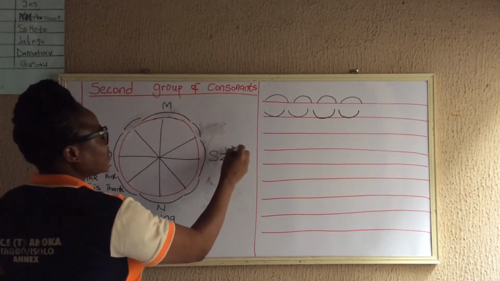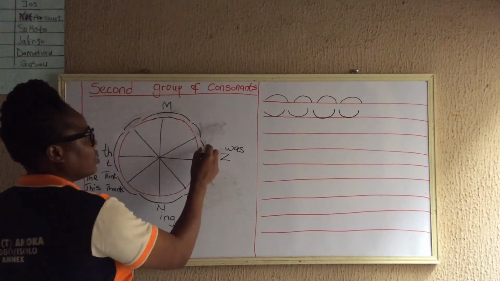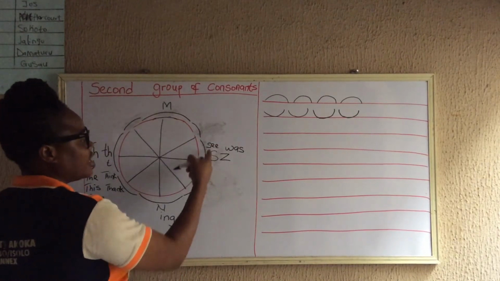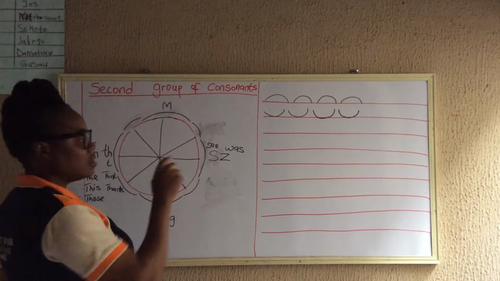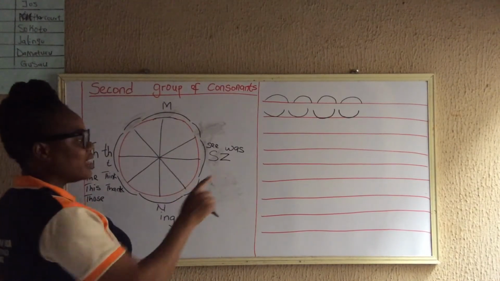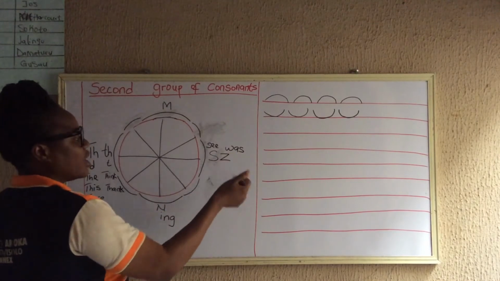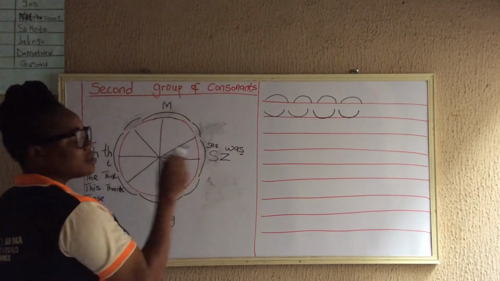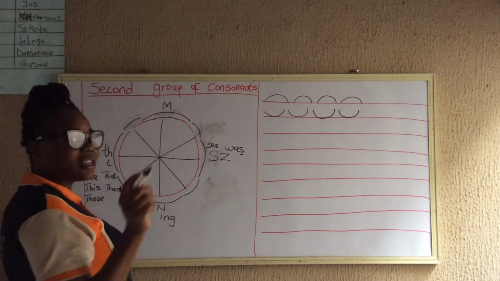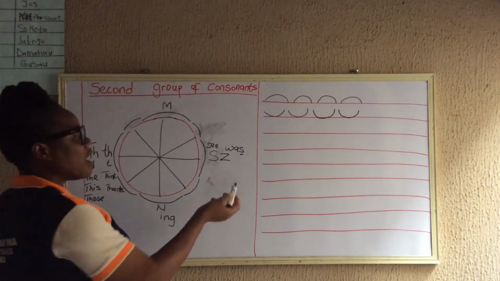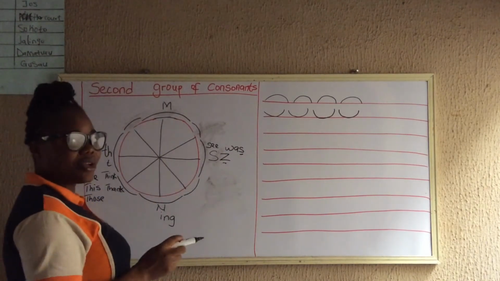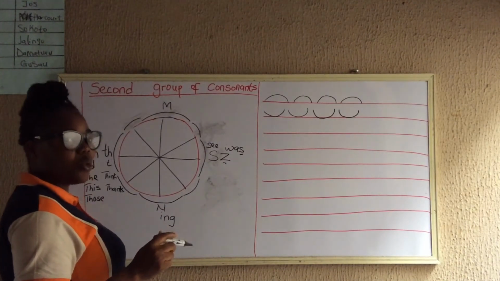If you look at this, it sounds as in C. And then this is Z. This S here doesn't sound S, but it sounds Z, as in was.